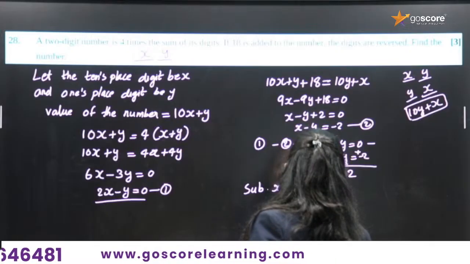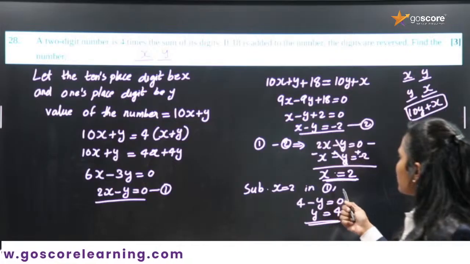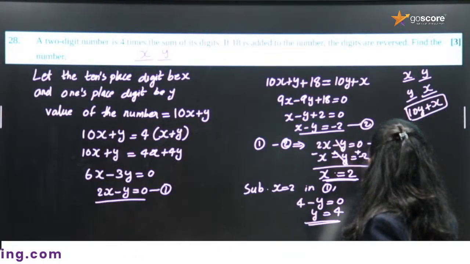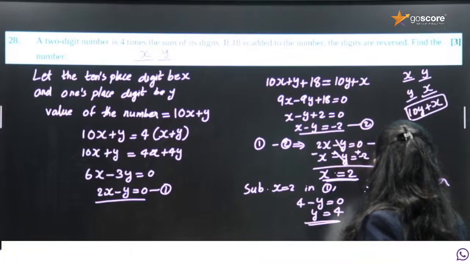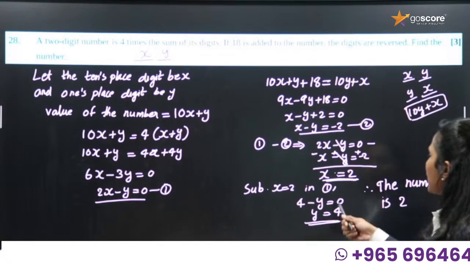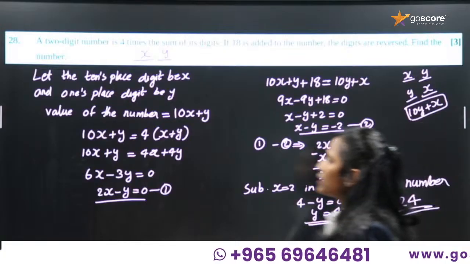So you got the values for x and y. Therefore, the number is: tens place it is x, so 2, and ones place it is y, that is 4. So the required number is 24.